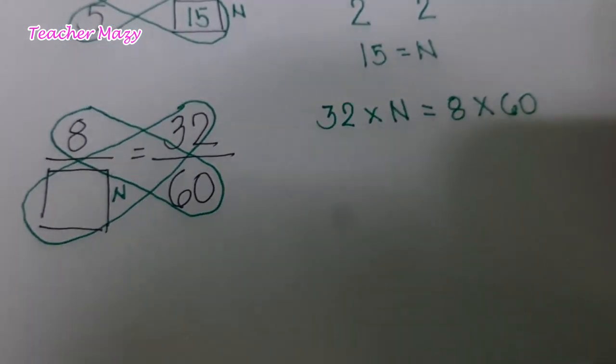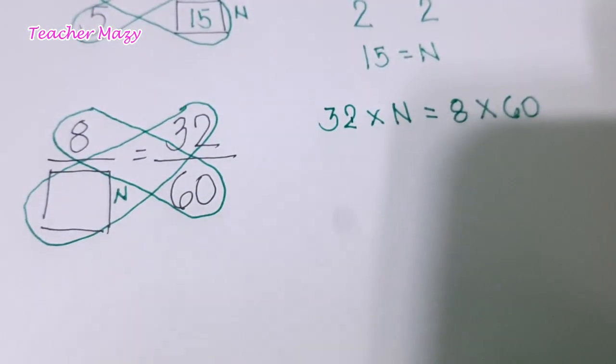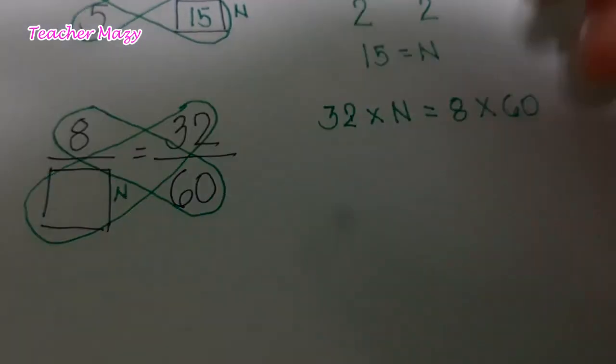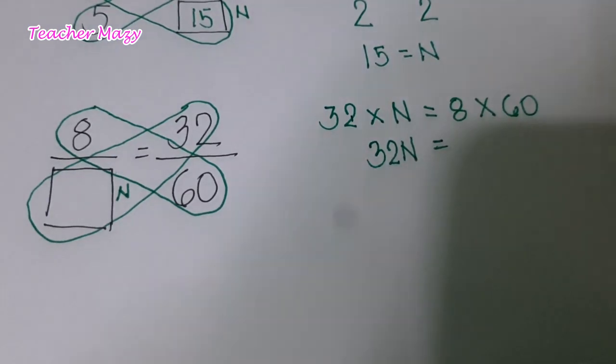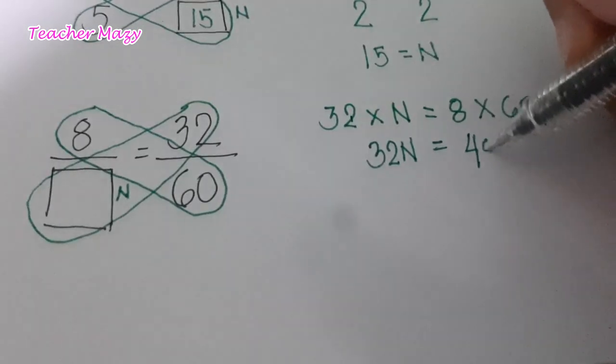So 32 times n, that is 32n, is equal to 8 times 60, that is 480.